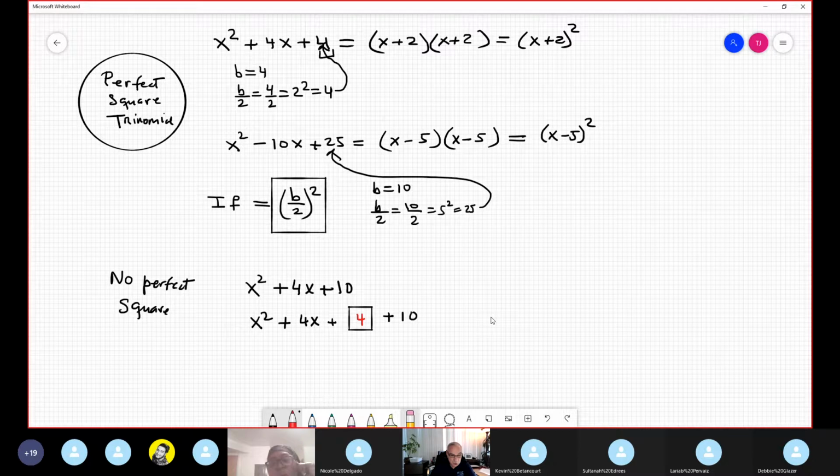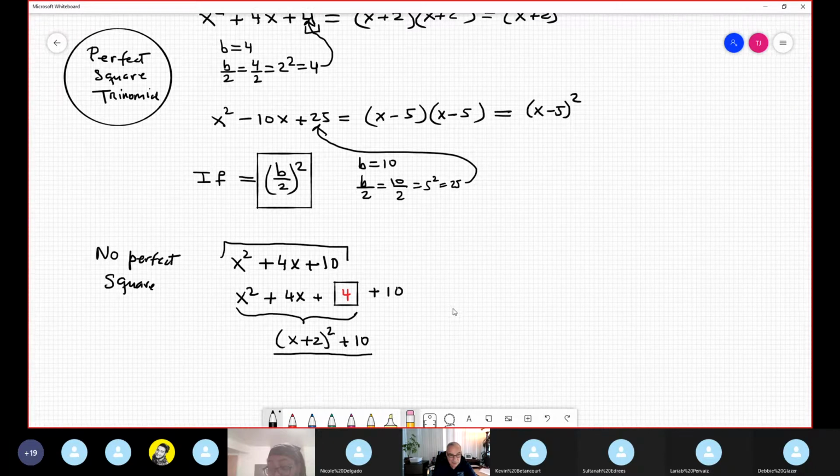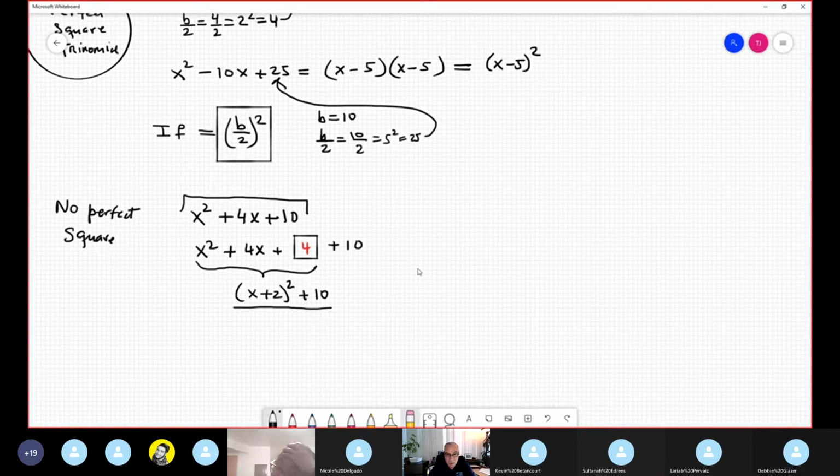But when you introduce that 4 artificially, this trinomial is a perfect square, and the factorization is (x + 2)^2 plus 10. Okay, so this expression, guys, is equivalent to this expression. Suppose in the test you have this quadratic equation.